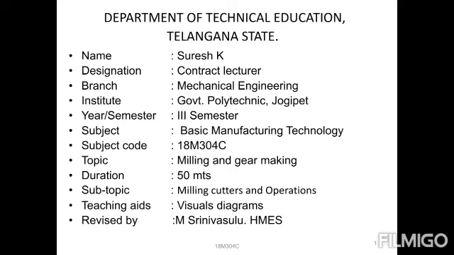A single point cutting tool cuts the material with one point. The best examples are machines like the shaper, planer and slotter. A multi point cutting tool, like a drilling tool, has a number of teeth to cut the material.